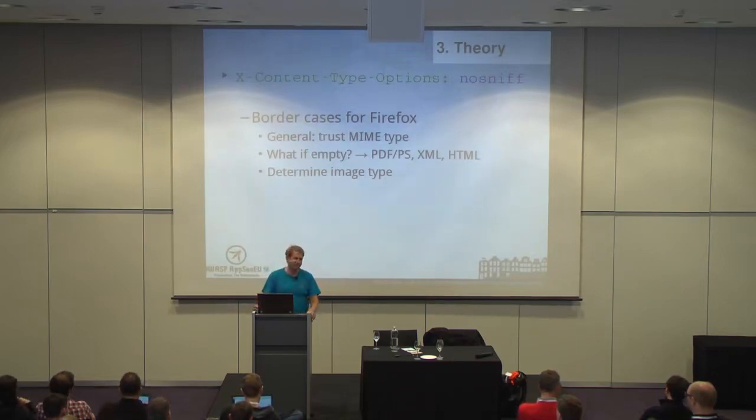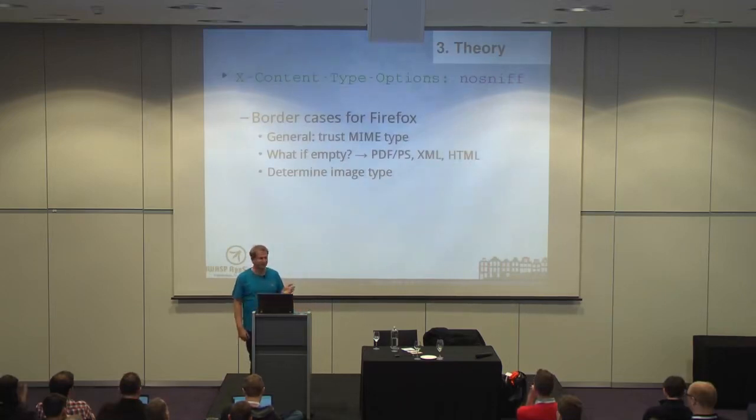It does some MIME sniffing for PDF and for PS, for XML, and for HTML. And if that fails, it just doesn't display it. Also, for Firefox, there's another border case. For example, if the server says it's image PNG, but in fact it's image JPEG, it also displays the image.